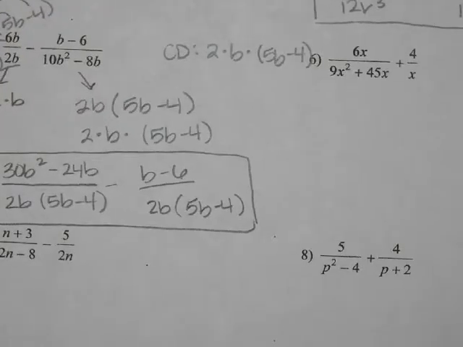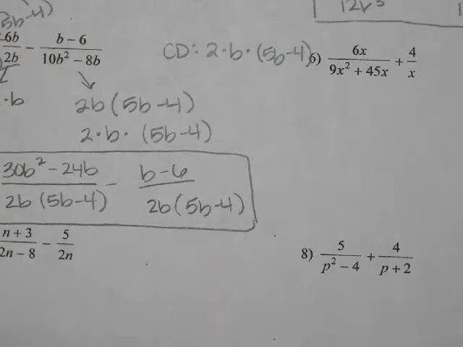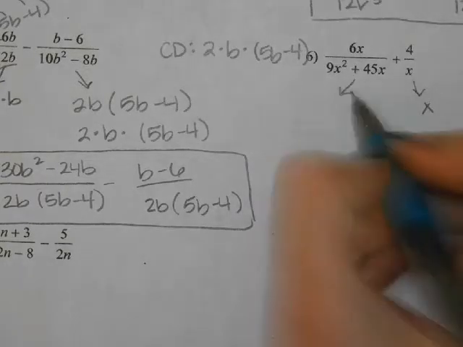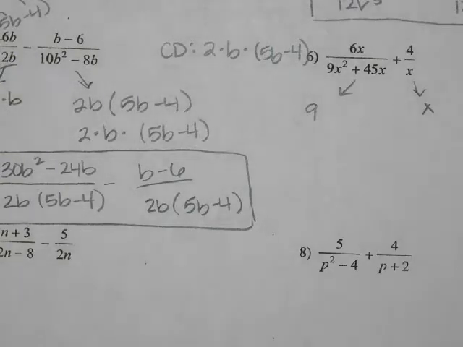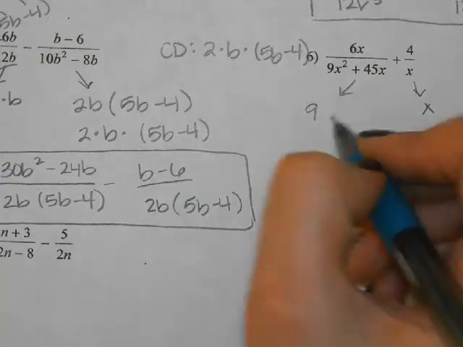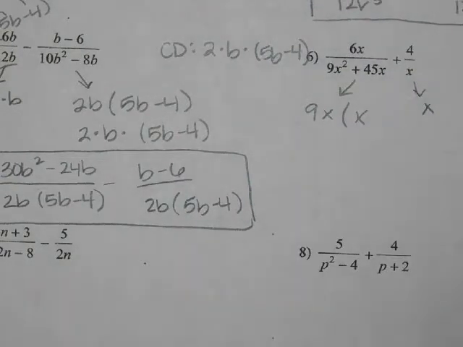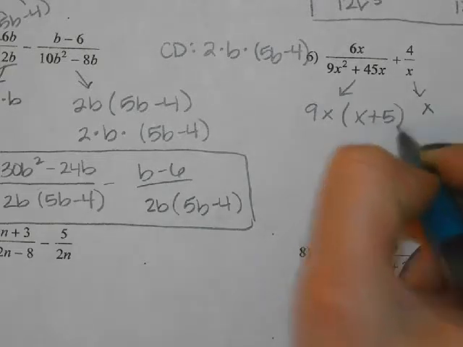All right. Number 6, I'll do the easy one. That's just x. What do we have to do with the other one? You could first factor out 9. Yep, 9 and 9x. And then it'd be x plus 5. Good.